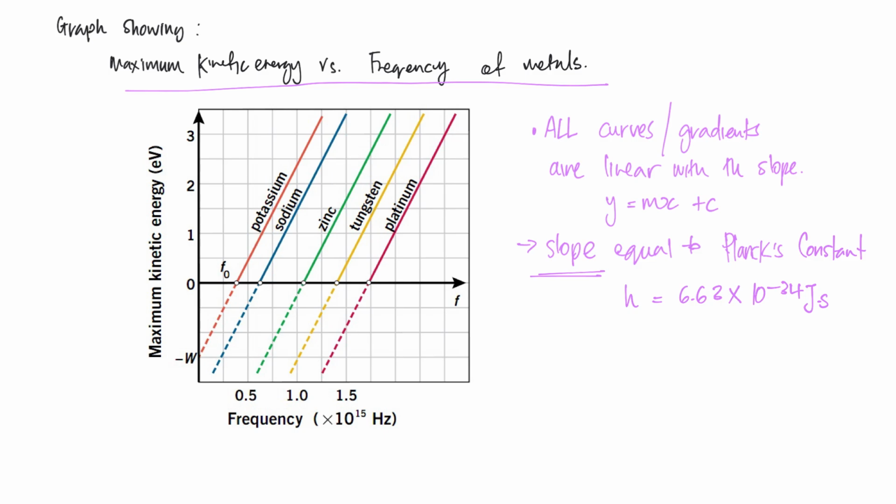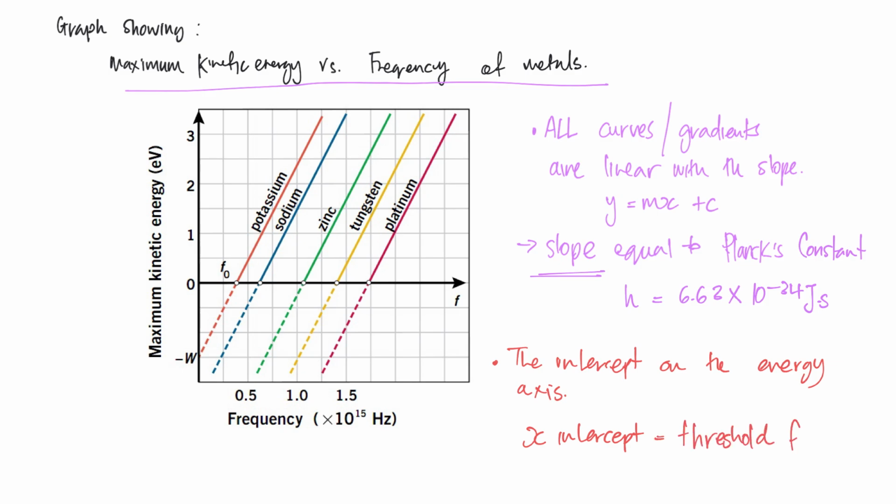The second thing that we look at is the intercept. Right? On the energy axis. Right? The x-intercept is equal to the threshold frequency of the material.